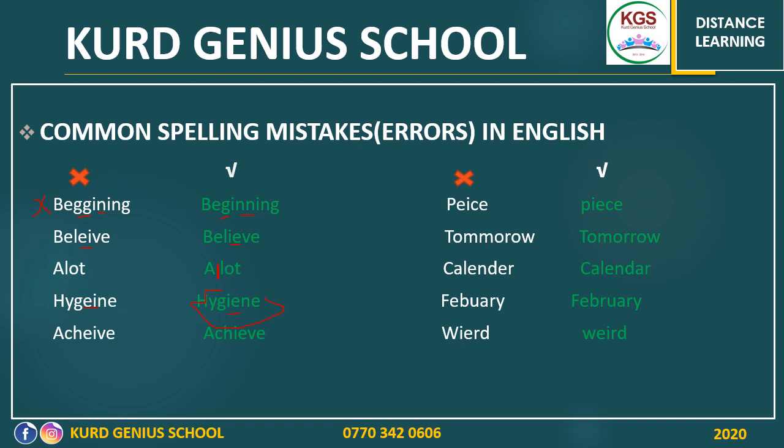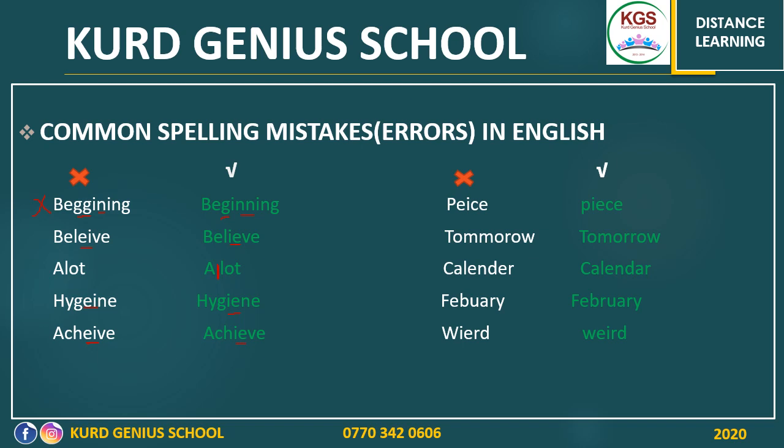After that we have achieve. Achieve rhymes with believe. Look, it's almost the same in this word, EI, but the correct form is ACHIEVE, A-C-H-I-E-V-E, IE, like this.